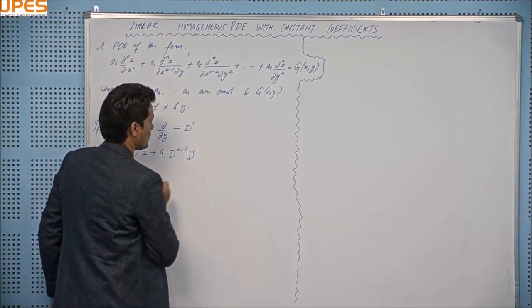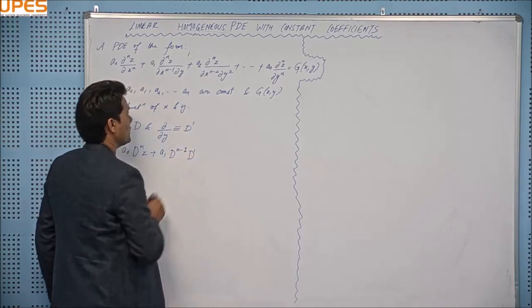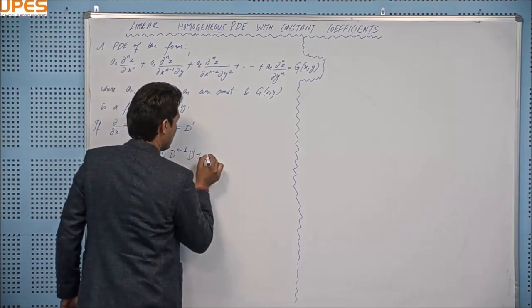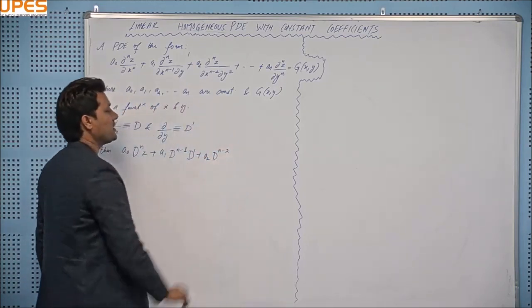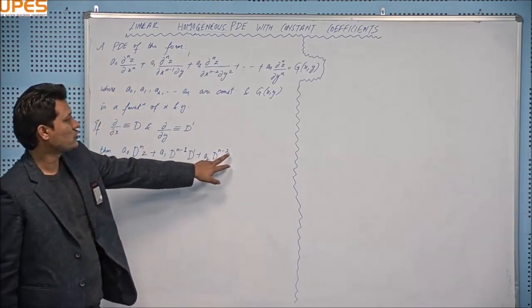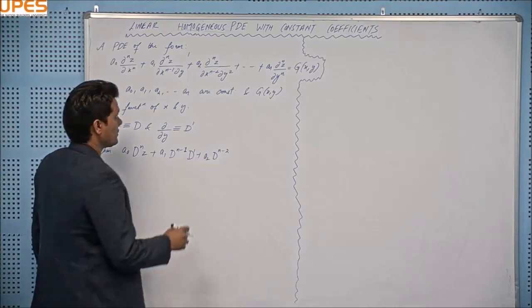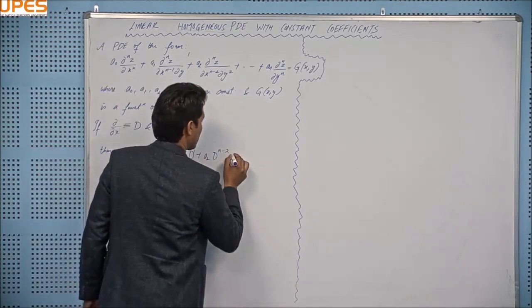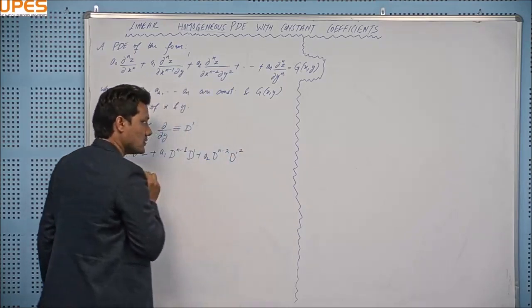Similarly for this term a2, D to the power n minus 2 indicates n minus 2 times the derivative of z with respect to x, and del y square indicates D dash square, right?